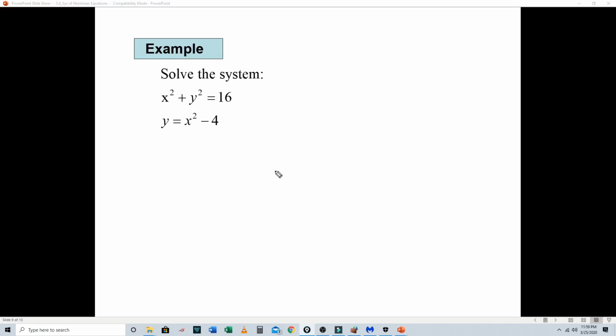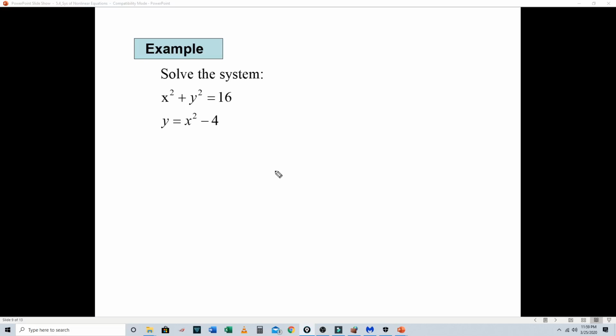To solve by elimination, I need to have this x over here, so I'm going to subtract x squared, so minus x squared plus y.